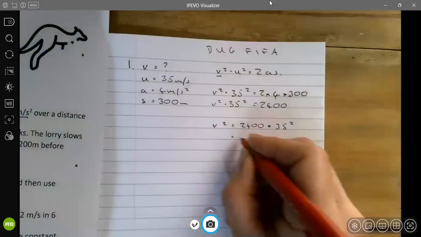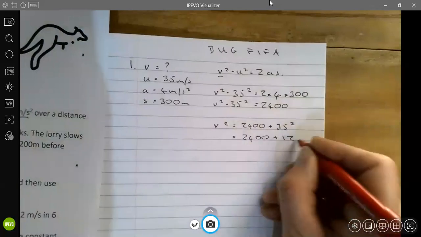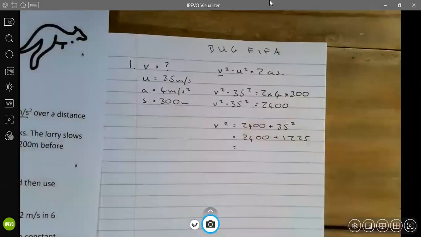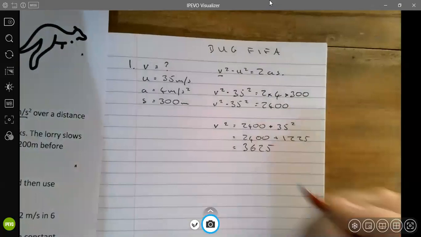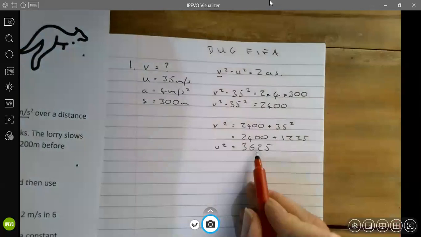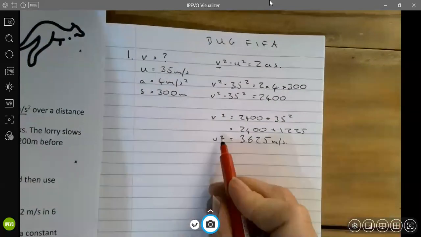So that's equal to 2400 plus 1225, which is equal to 3625. So v squared is equal to 3,625.